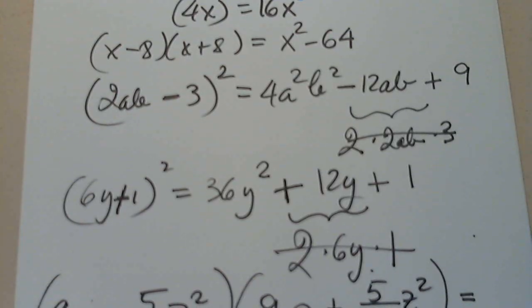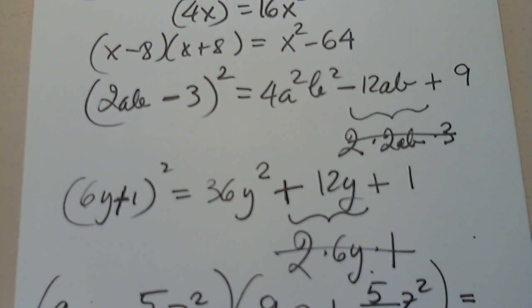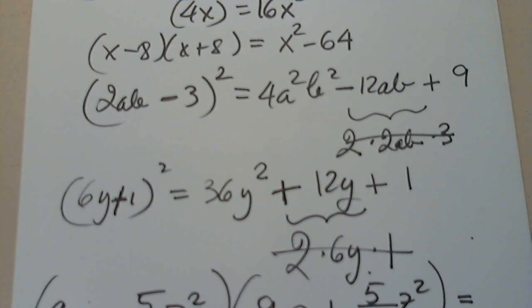Can anyone give us the second term squared? Anyone, please? Is it negative 25 over 81 z over 4?